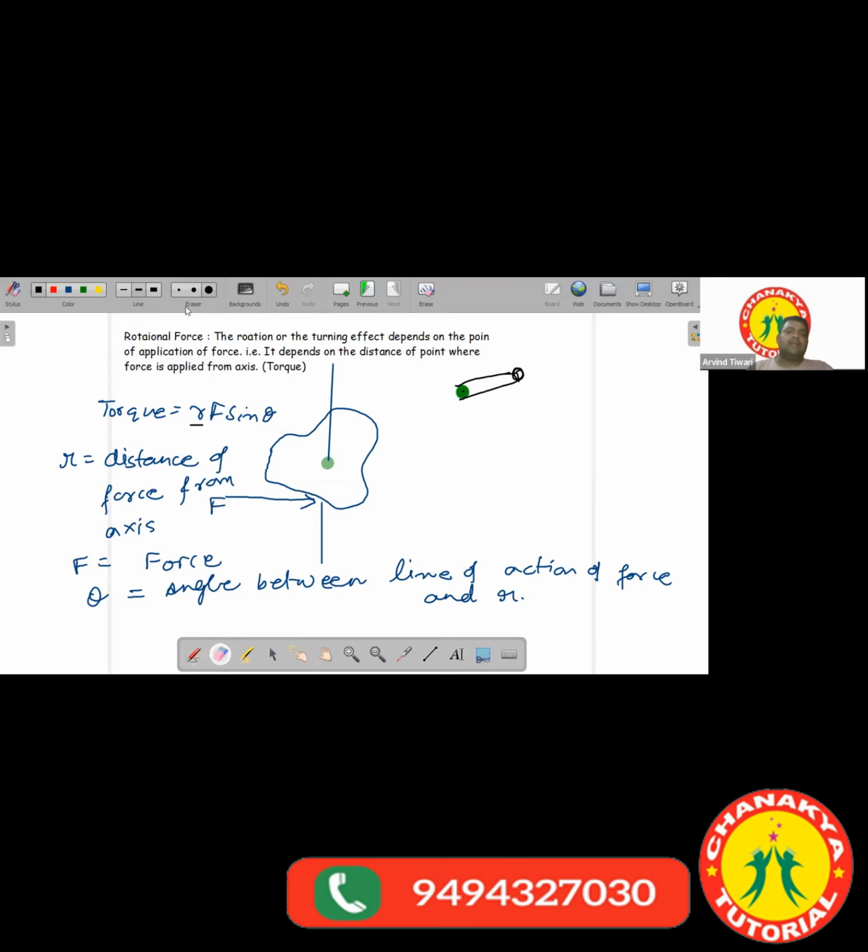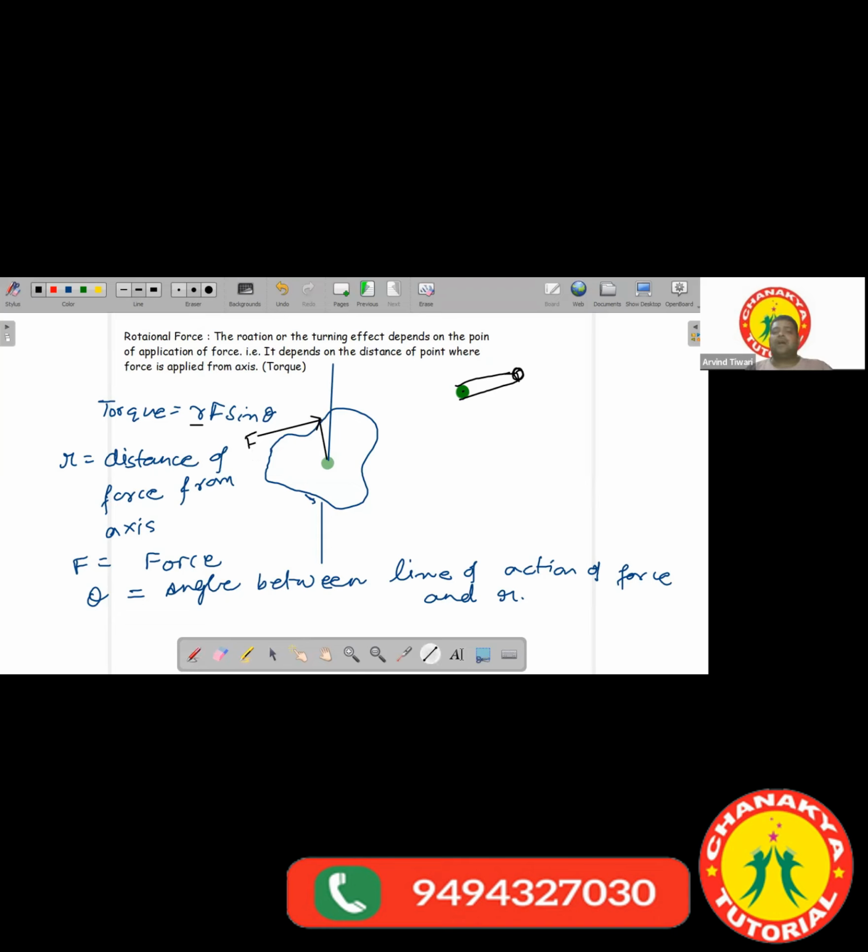So suppose I take here an example where we apply the force. Here, if you have some force F acting like this, and you want to find out the torque, we must find out the distance of the point of application from here.